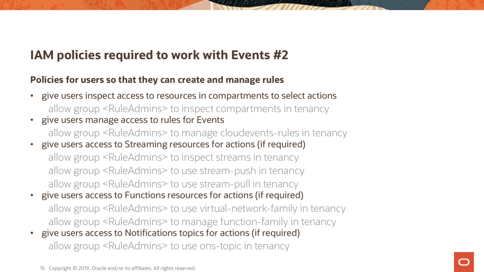For example, if you want to allow users in the DevOps group to create rules that trigger action resources, you must write a corresponding IAM policy that allows them to manage these rules.